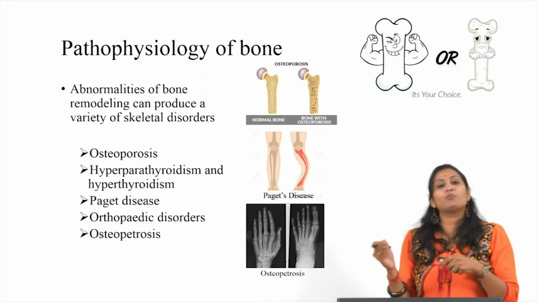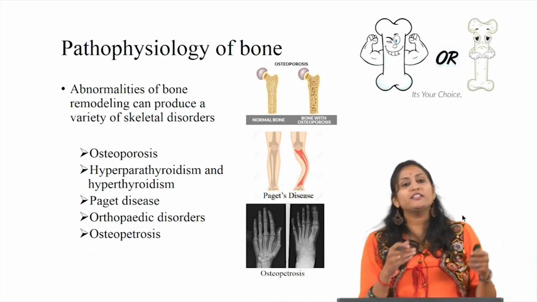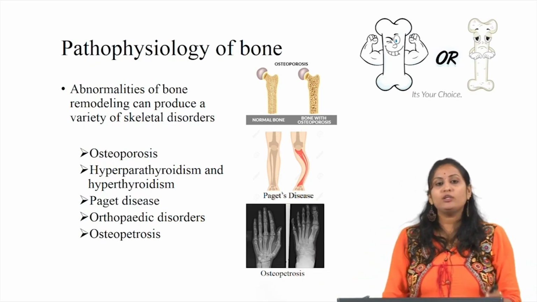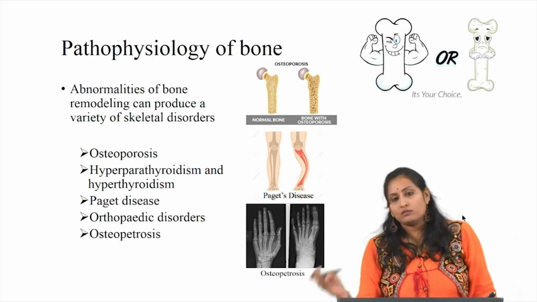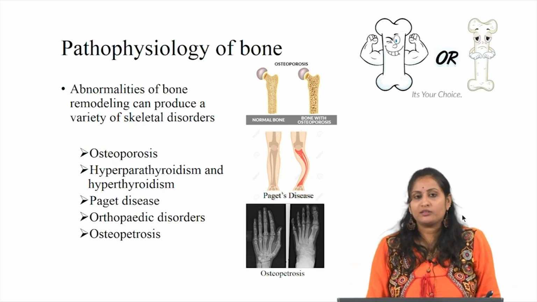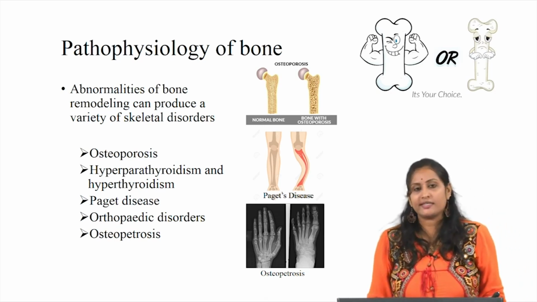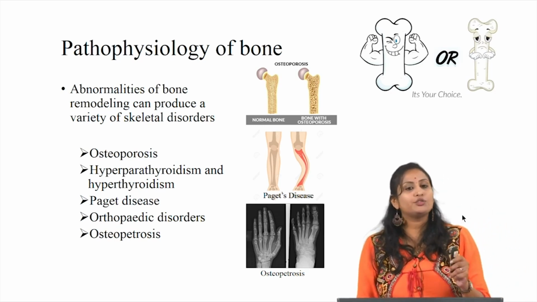If there are any abnormalities in this bone remodeling, it will lead to various skeletal disorders. For example, osteoporosis, hypothyroidism and hyperthyroidism, hyperparathyroidism, Paget disease, orthopedic disorders, osteopetrosis.